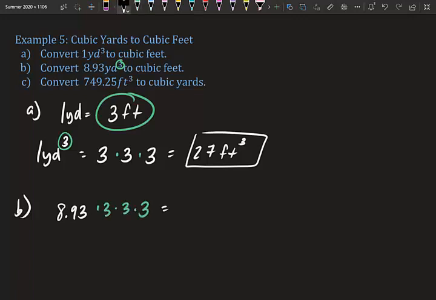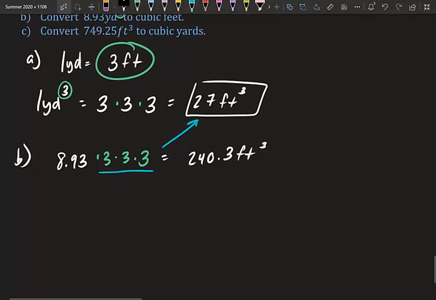And we get 240.3 feet cubed. Isn't 3 times 3 times 3 just 27? You're probably like, why don't we just multiply everything by 27? You're right, we're just going to multiply by 27 because 3 times 3 times 3 is 27. So that's kind of like our base.